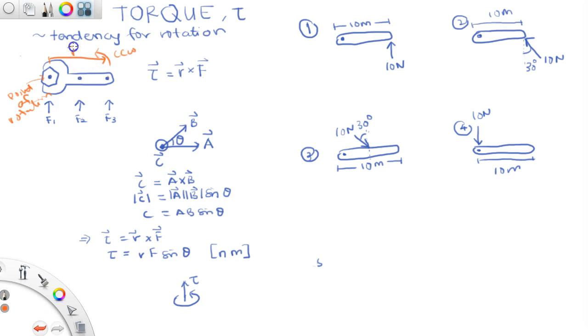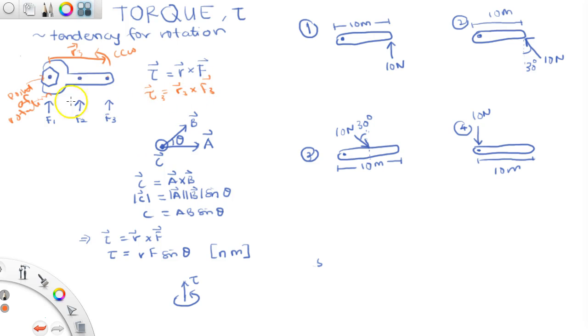The distance vector r goes from the point of rotation to the point of action, and then we have the force here. The torque can be calculated by the cross product. For example, torque at point 3 is equal to distance at point 3 times force at point 3.